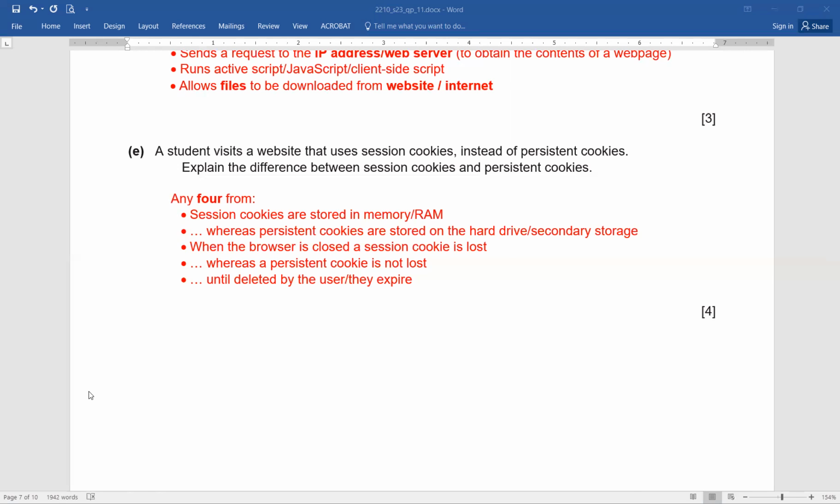So if you have written these 4 points properly, talking about session cookies being stored in memory for a short duration, whereas persistent cookies are stored on the hard drive for a longer time period, and that when the browser is closed, the session cookie is gone, while the persistent cookie stays until it is deleted by the user or expires, then you can easily score 4 out of 4.